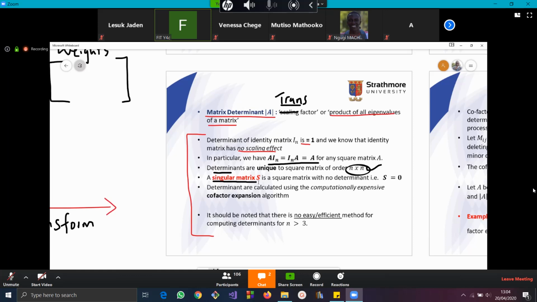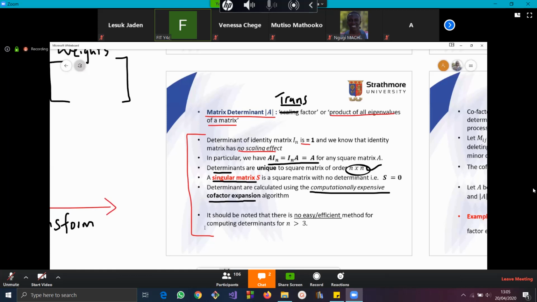Determinants are calculated using the cofactor expansion algorithm, which is computationally expensive. Okay, we look at computational expense in learning theory. But now, how do you compute the inverse of a matrix? First, you need the determinant. Okay, then from the determinant, you can compute the inverse. You must know how to compute inverses of simple matrices.